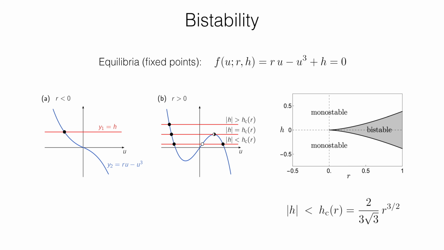So you can see this is a stability diagram in the language of nonlinear dynamics. It's a phase diagram in the language of critical phenomena, where here you have a monostable phase, and here you have a bistable phase. So it's a phase transition to ordering as you go into this bistable regime.